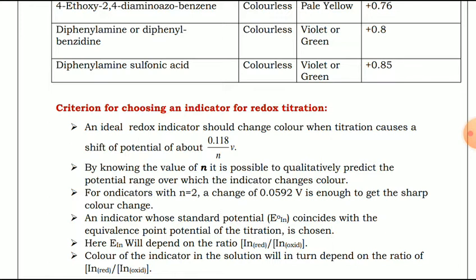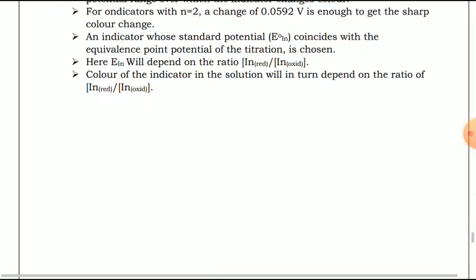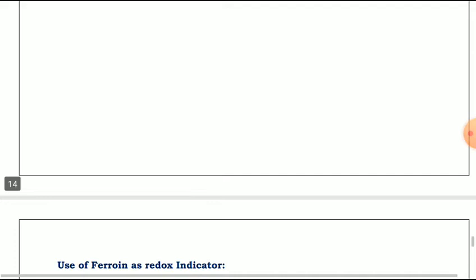Now we will see examples of the redox indicator. The first example is the ferroin indicator, or use of ferroin as a redox indicator.